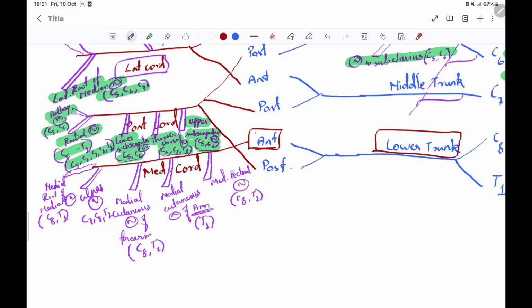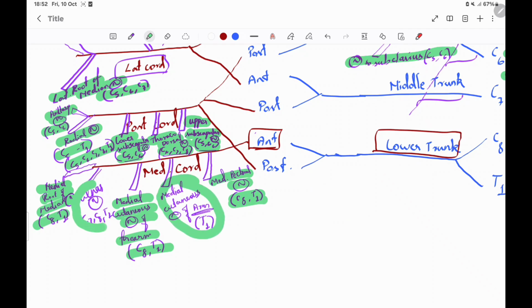So the majority of the branches have C8, T1: the medial pectoral nerve, medial cutaneous nerve of forearm, and medial root of median nerve. The differences are that the medial cutaneous nerve of arm has T1, and the ulnar nerve has C7, C8, T1.